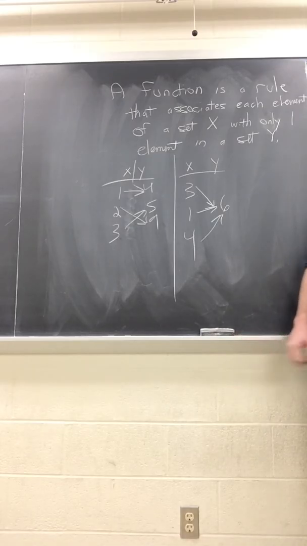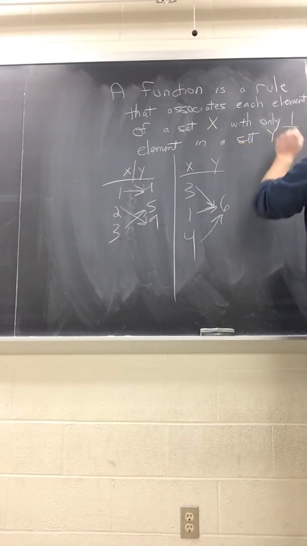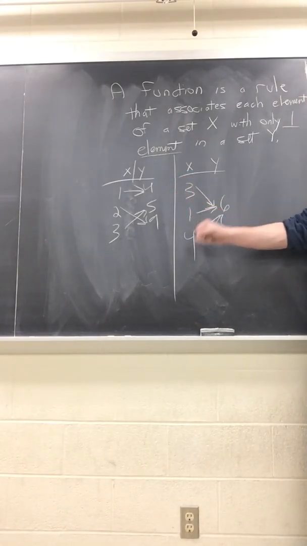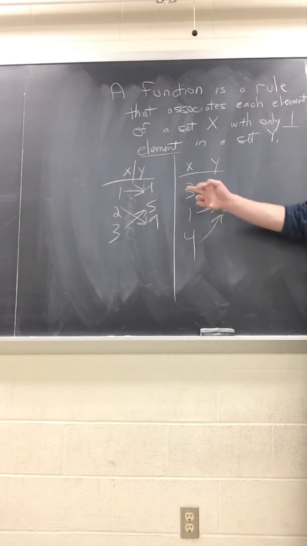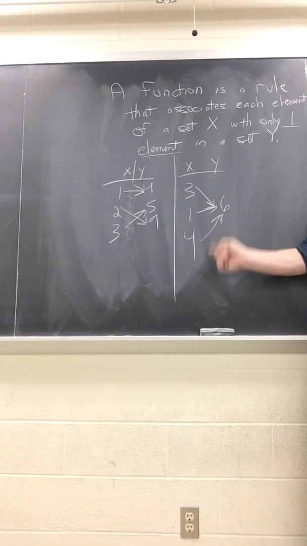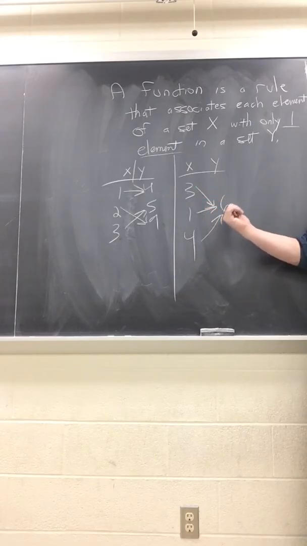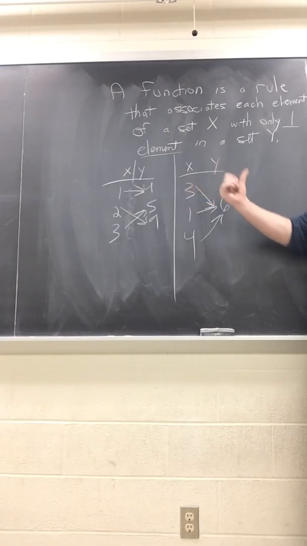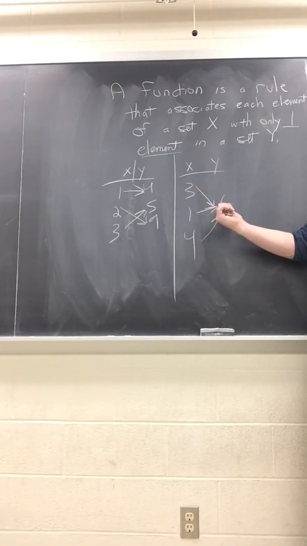According to the definition, the rule associates each element of a set X with only one element in a set Y. In this case, each of these X's is associated with one Y. 3 is associated with 6, 1 is associated with 6, 4 is associated with 6. The fact that all the X's are associated with one Y doesn't matter at all. The definition just says each X goes to one Y, which is what we have, so that's a function.